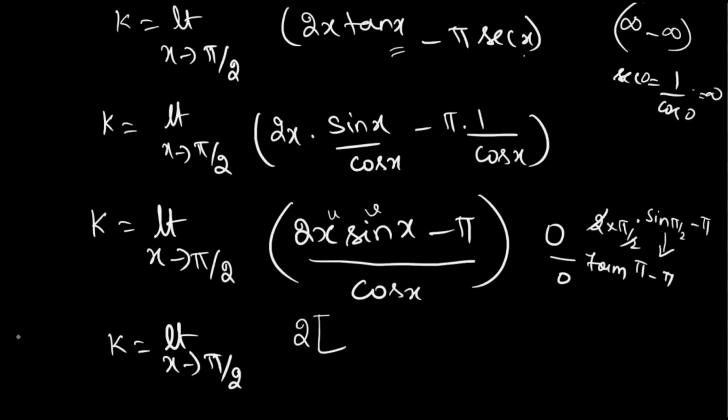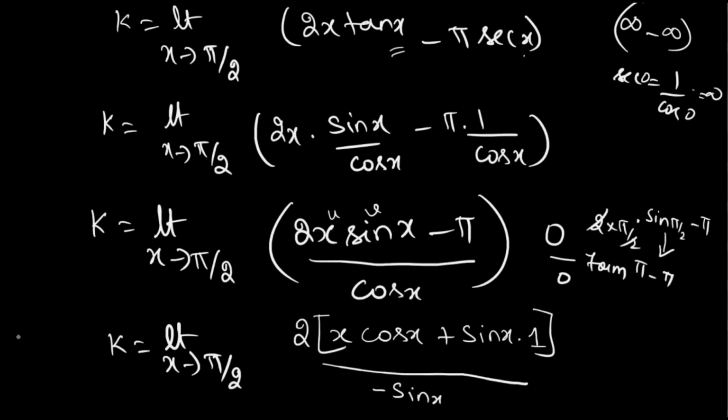Keep x as it is, sin x if you differentiate cos x. Plus keep sin x as it is, x if you differentiate 1. And pi if you differentiate will become 0. Divided by cos x if you differentiate, you will get minus sin x. So this is 2x cos x plus sin x by minus sin x.